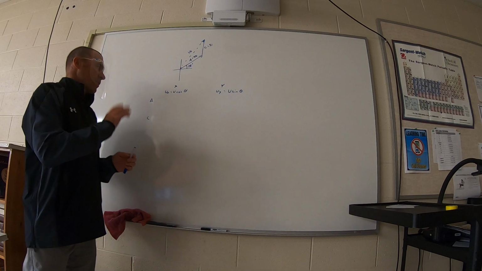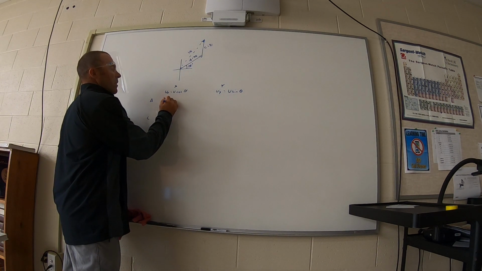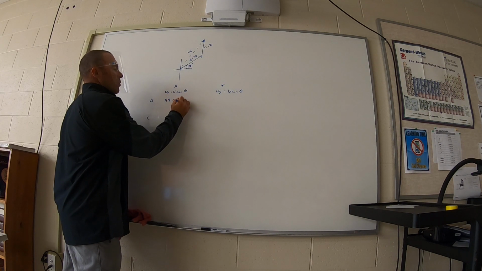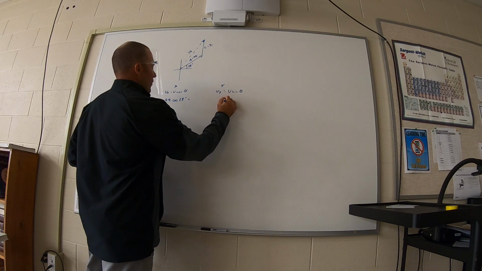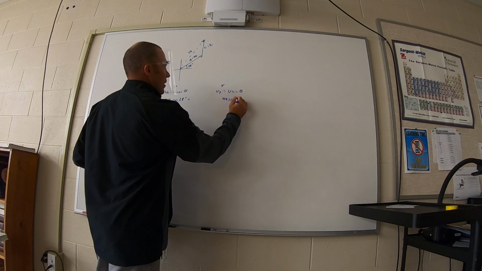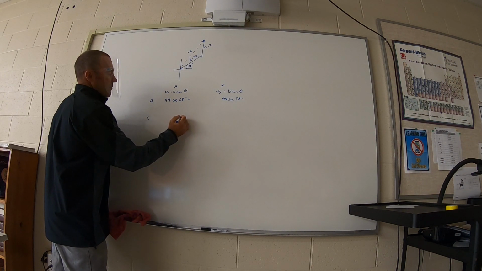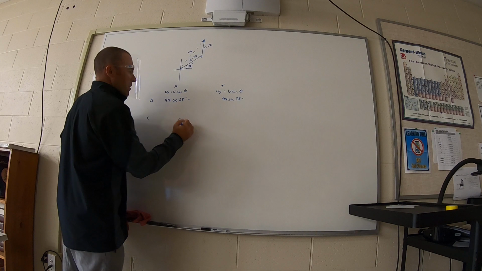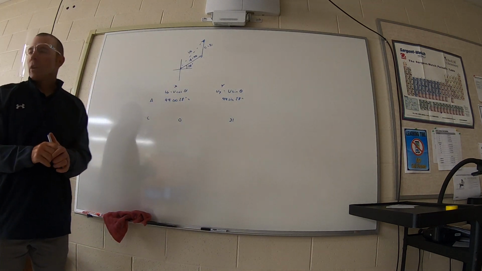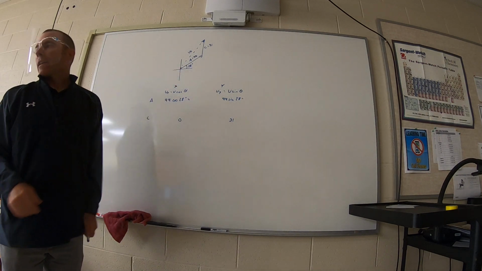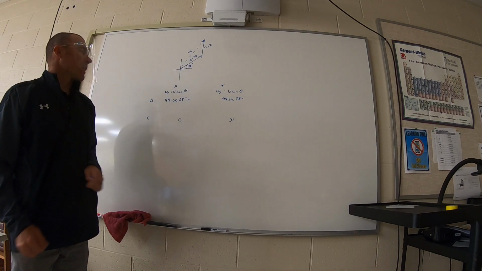So on A, it's going to be 44 times the cosine of 28, and then 44 times the sine of 28. And on C, it's 0 in the x and 31 in the y. I'm not even going to solve those because it's on the y-axis. So we know that all 31 is going in the y direction, 0 is going in the x.